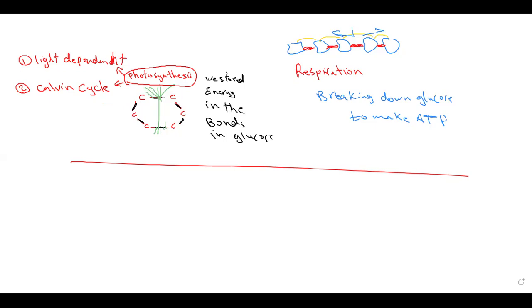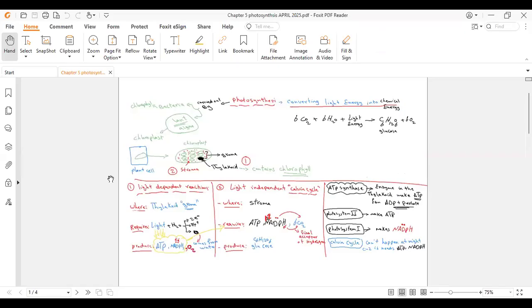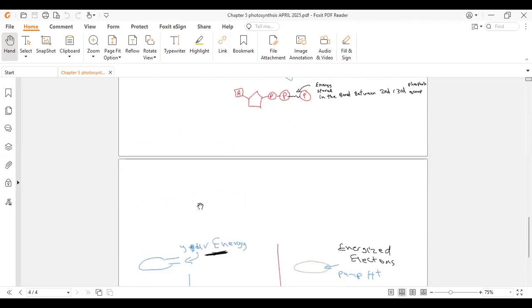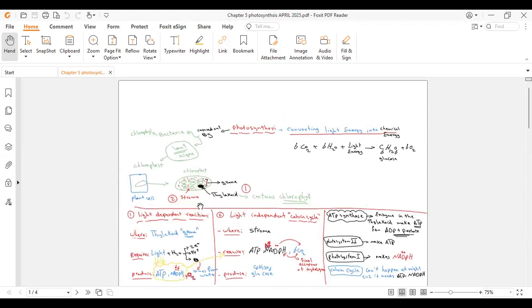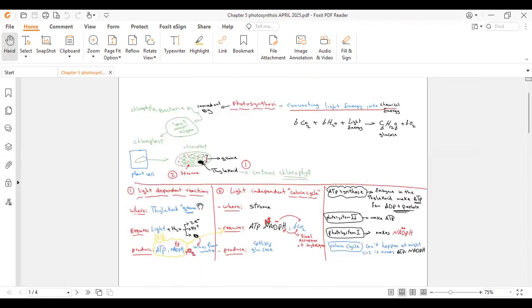Because we are doing exactly the opposite today. Look, the first page. We will make this page again today, speaking about cellular respiration.